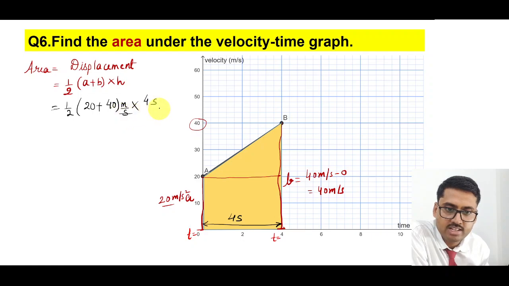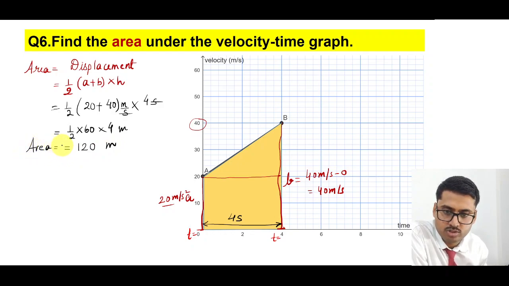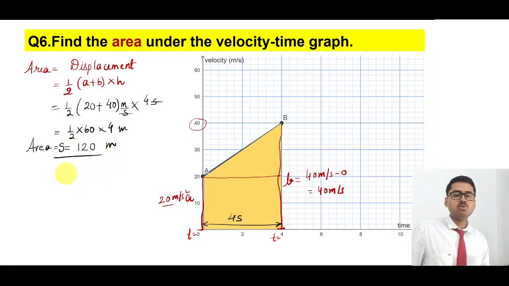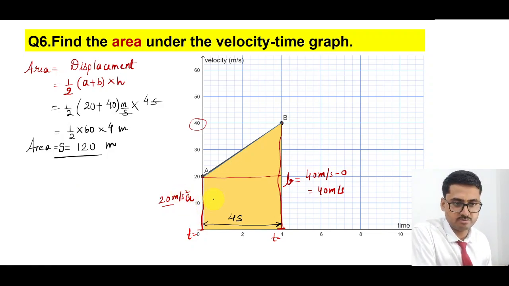So now I can cancel second and second, and this will be half into 60 into 4, and that is 120. The unit left over here is meter, so that is the answer. So in this case we get displacement, which we write as symbol S. So displacement S is equals to 120 meters in this particular case.